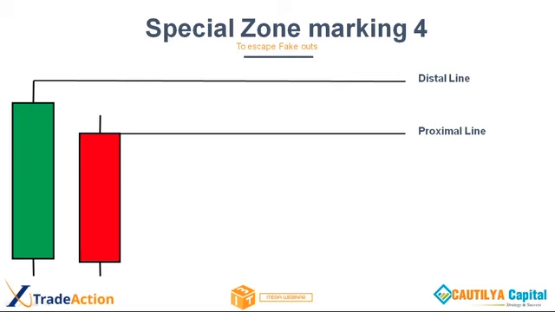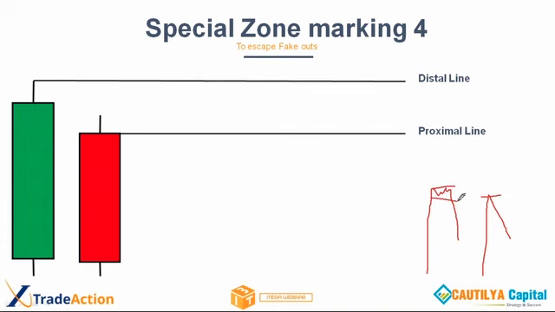Friends, you get it? This is a scenario where there is no base candle. Price went up, price came down. It is like this. In all our examples, we said that price goes up, rally, base, drop. In this case, it is rally, drop.